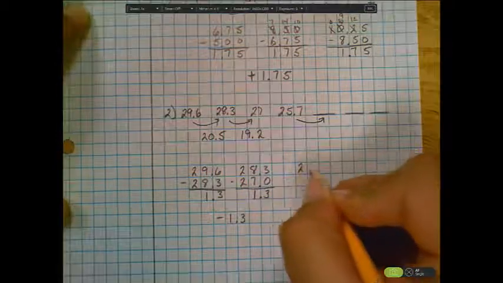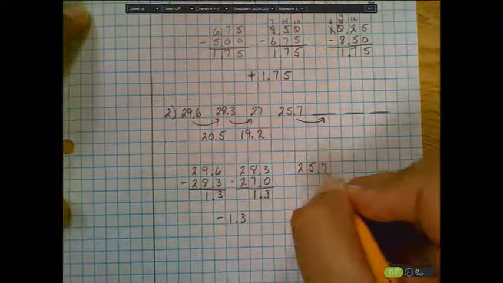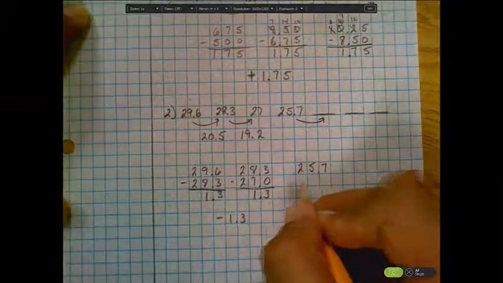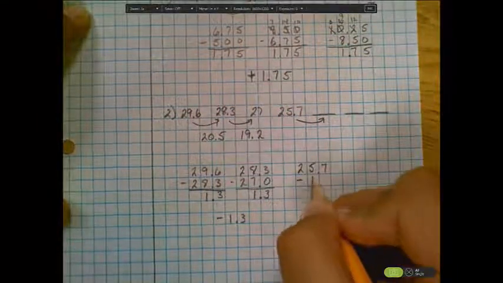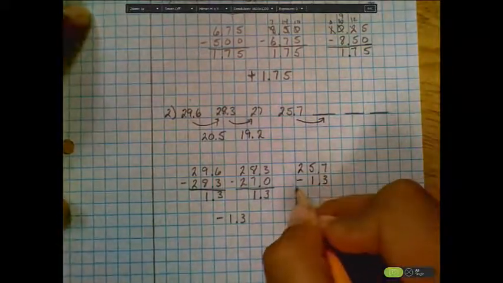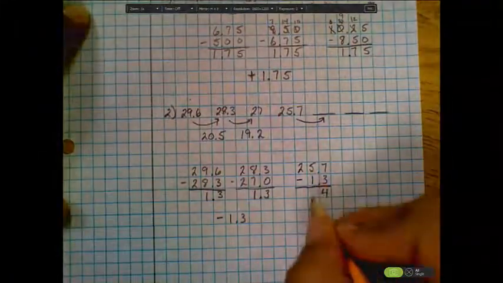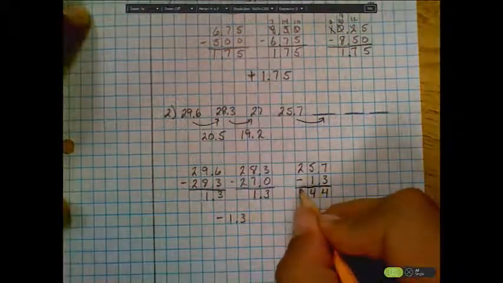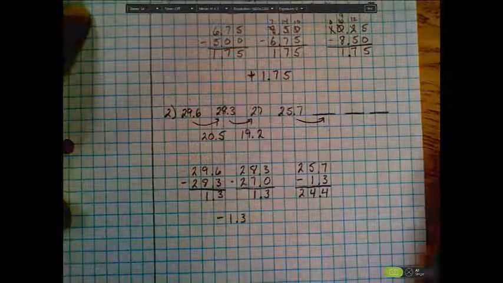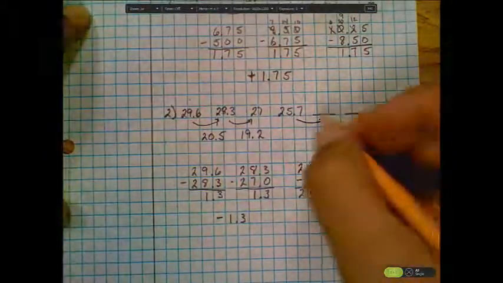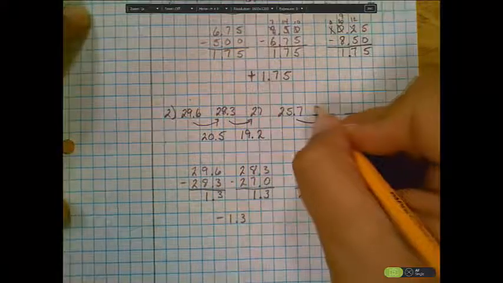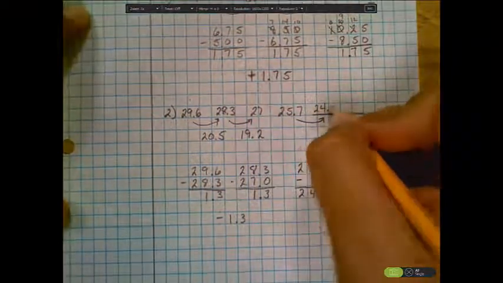So we're going to have 25.7, and we're going to subtract 1.3. 7 minus 3 is 4, 5 minus 1 is 4, 2 minus 0 is 2, put the decimal point. So this value is going to be 24.4, so we can write that in here.